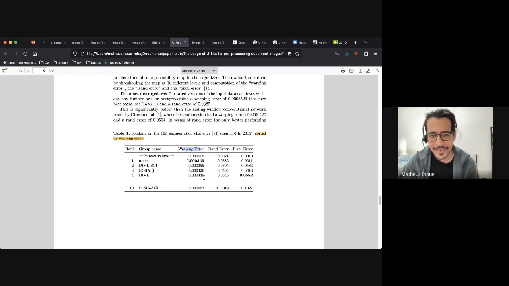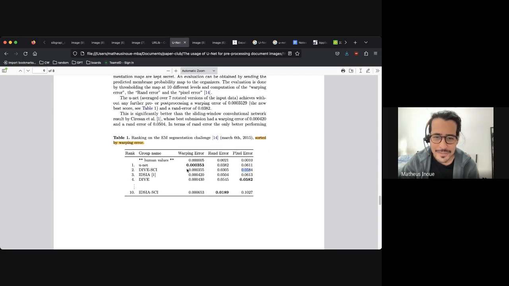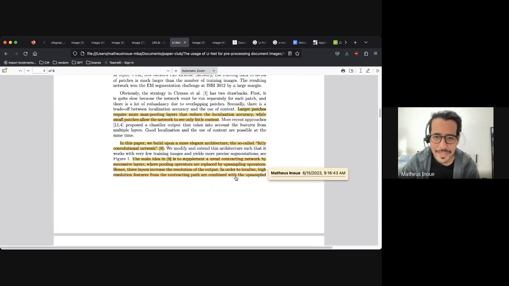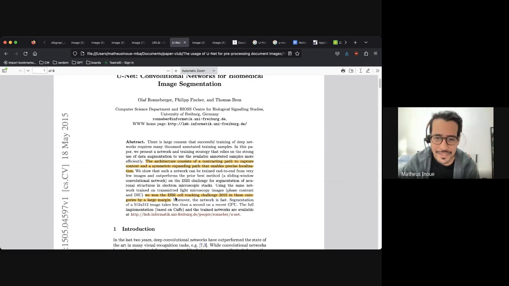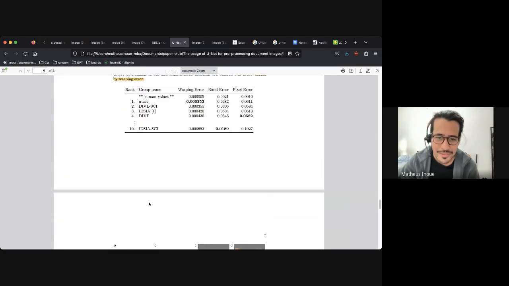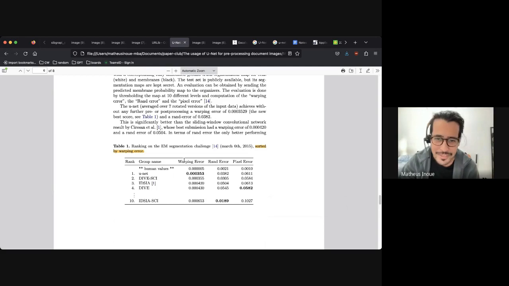I think it's a bit misleading on their part, but I thought it was funny. Especially since at the start of the paper they say, oh, we won this challenge by a large margin, and for the other one they don't do that. And even the error is kind of small. I digress.